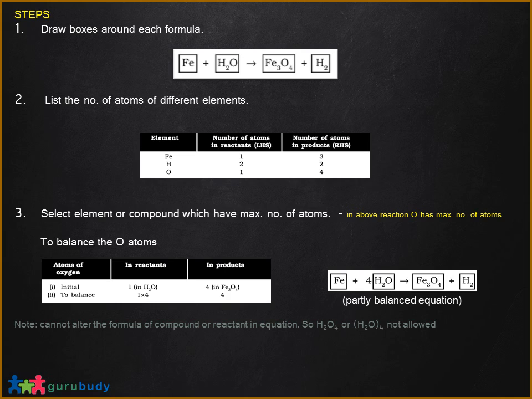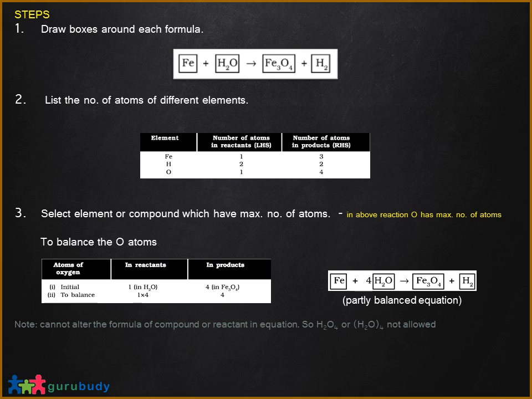Another very important point to note is you cannot modify the formula of a reactant in the equation, and that's why we put the box around all the formulas, so that you cannot change the formula.